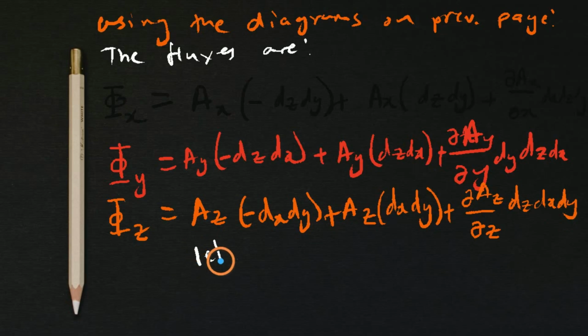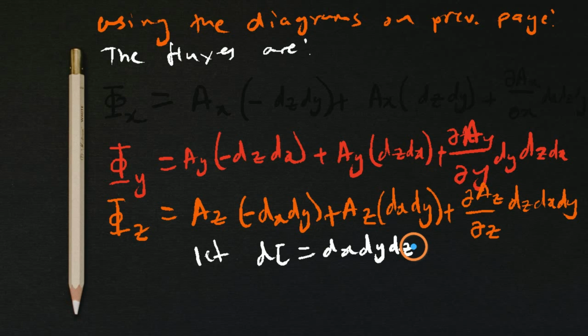Let us consider that last term, dx dy dz. We're going to call it d tau, because that's a small volume and multiplication is commutative. I could have said dx multiplied by dy multiplied by dz, or dz multiplied by dx multiplied by dy. It's the same thing, so we just call it d tau. That simplifies things so that we don't have to rewrite a long expression.